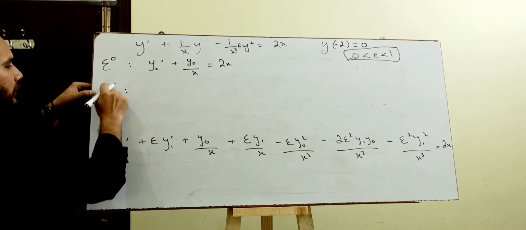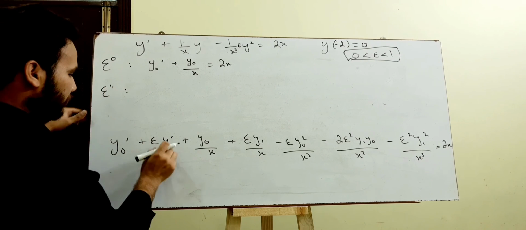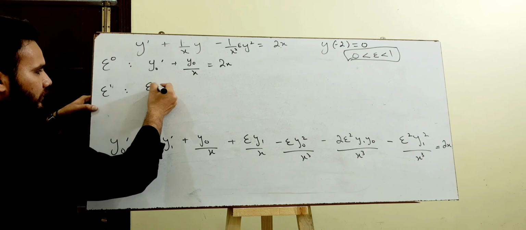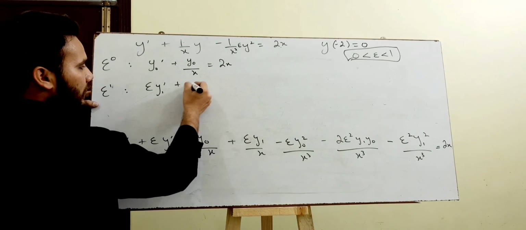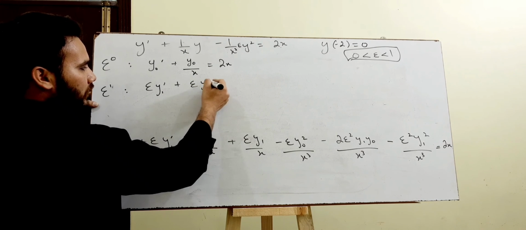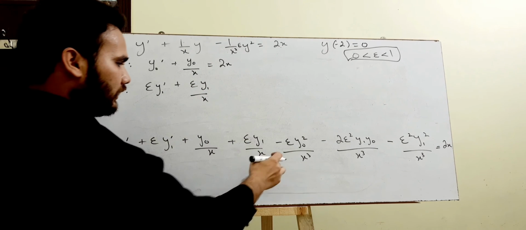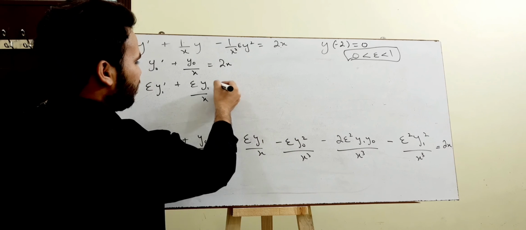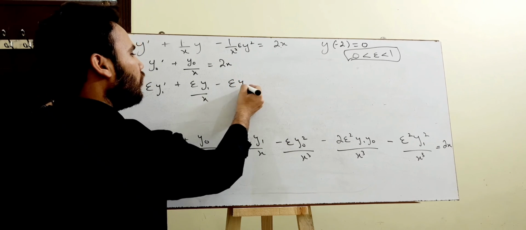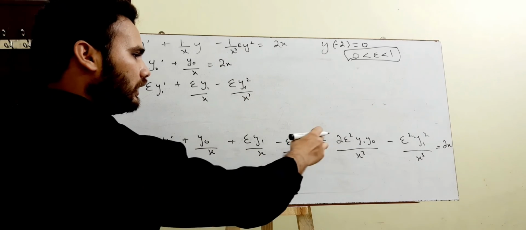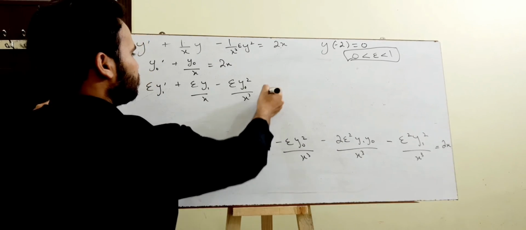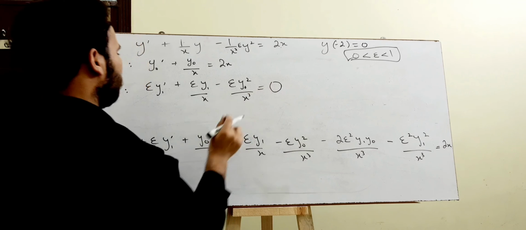For epsilon order 1, the equation will be epsilon y1 derivative plus epsilon y1 over x minus epsilon y naught square over x cube equals 0.